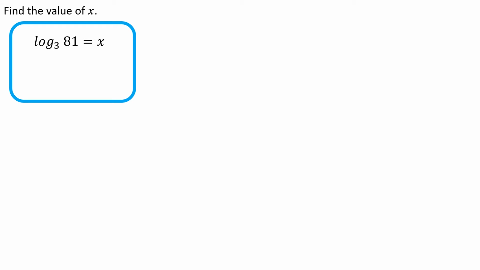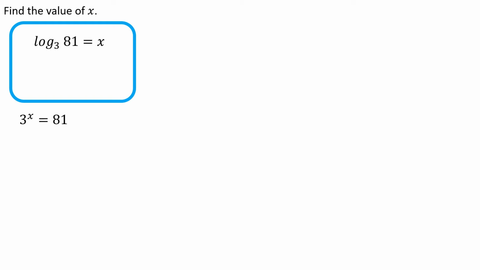Well, let's rewrite it. You know the base is 3. You know the exponent has to be x. So I can rewrite that equation as 3 to the x power equals 81. That makes a lot more sense to me. I'm used to seeing equations that look like that.